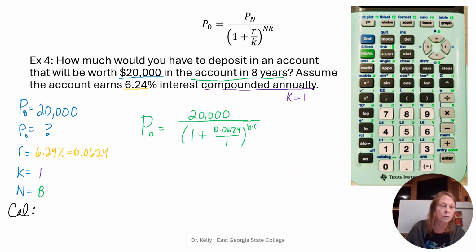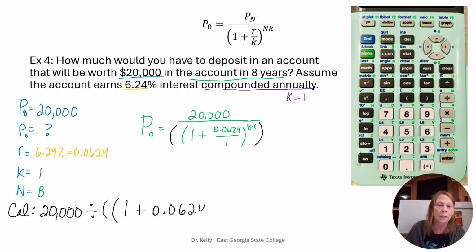So here are the calculator steps. Do it with me. 20,000 divided by, remember we're going to have to set one more set of parentheses around here. Open, 1 plus 0.0624. Again, not any parentheses here. To the power of just 8. No need for parentheses here because 8 times 1 is just 8. And an additional final close.